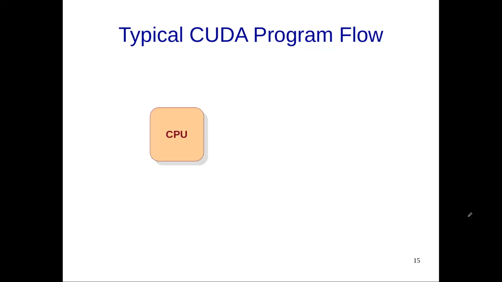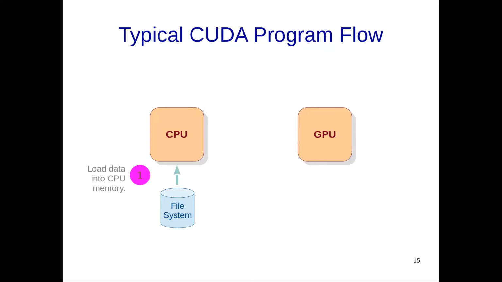A typical CUDA program flow starts with these two devices. You might have your data residing in the file system, inside, let's say, a file or a database. So the first step is to load this data into CPU memory. That is what we typically have as part of our typical simulation codes, where you might read or generate some random data for processing, or read some grid or mesh or some geometry to process.